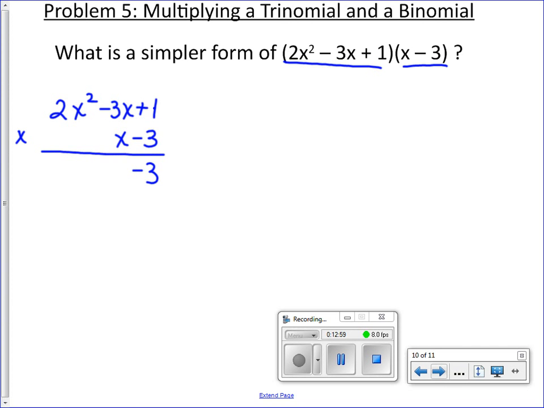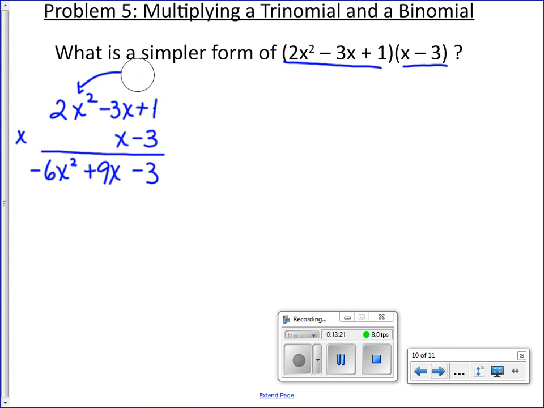It's like multiplying the 1's digit times the 1's digit. Now let's go to the tens. We're going to take negative 3 times negative 3x, which would be a positive 9x. And a negative 3 times the 2x squared, which would give us negative 6x squared. Okay?